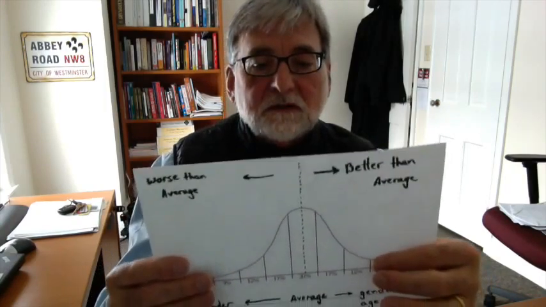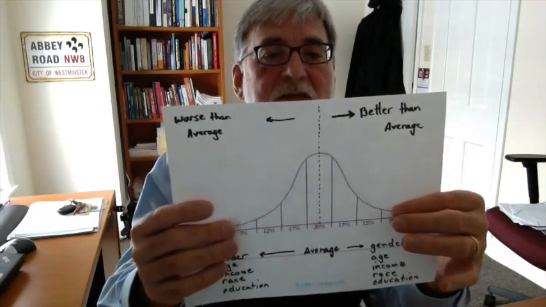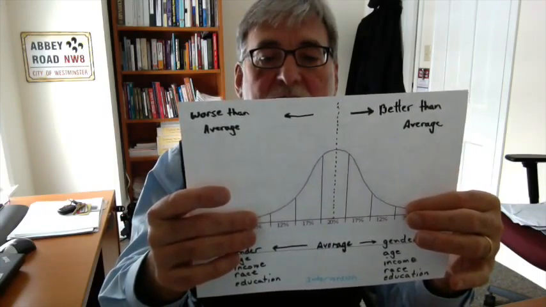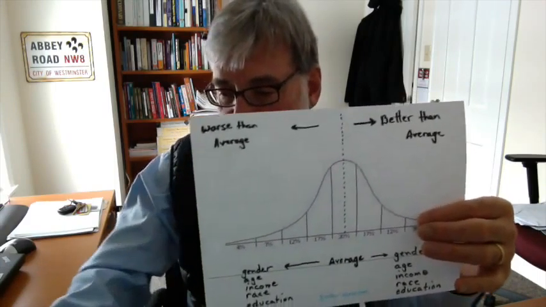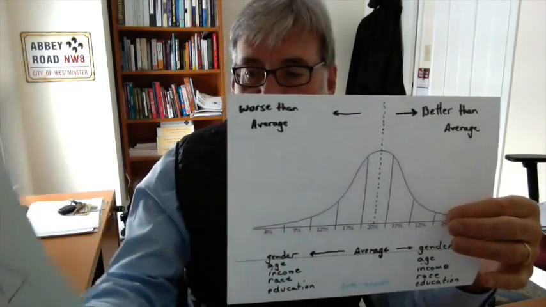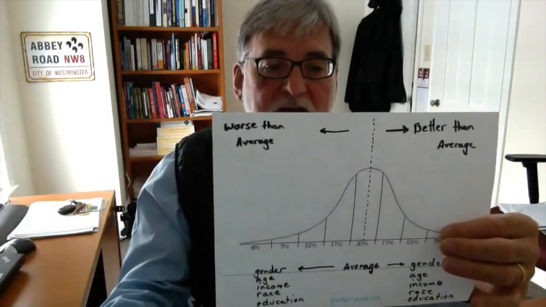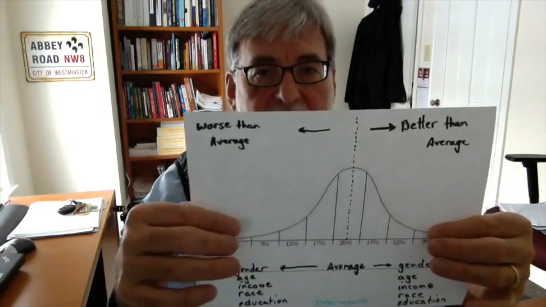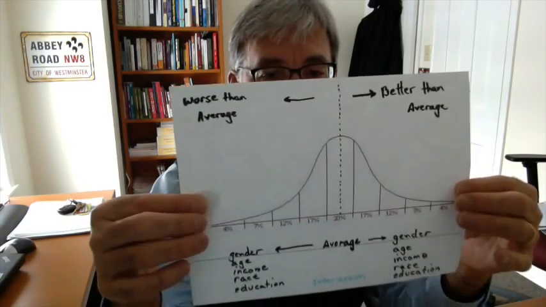Okay? And so if you can explain away the differences between people who do better or worse than average, then maybe you can explain the difference between those who are getting the program and those who didn't get the program.